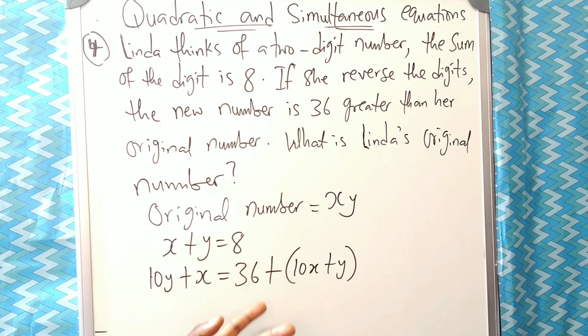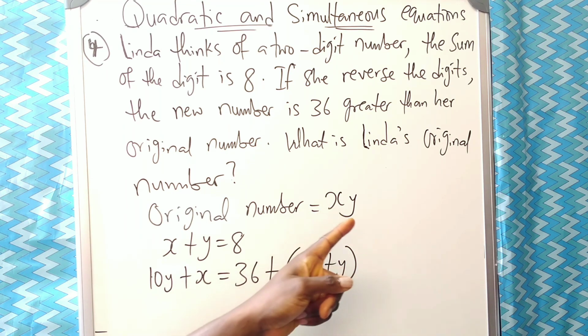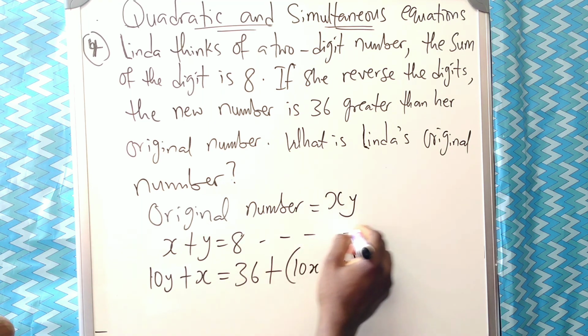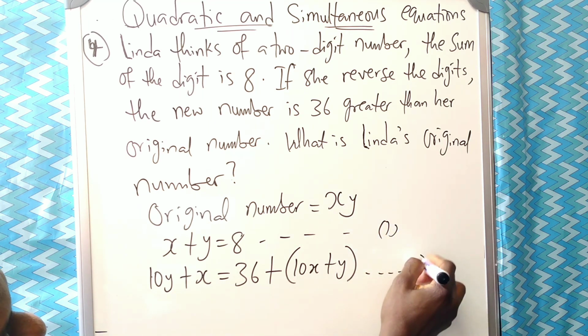Because originally my x is the tens, my y is the unit. But if she reverses it, my y becomes the tens, my x becomes the unit. I believe we are following this solution. All right, so now we've been able to define equation 1, and we've been able to define equation 2.